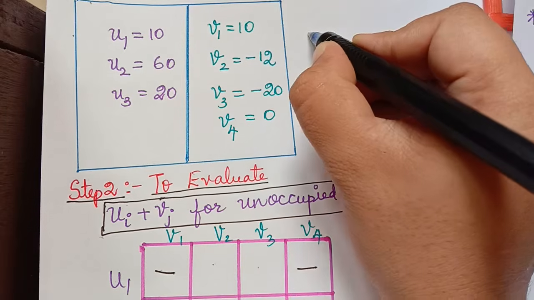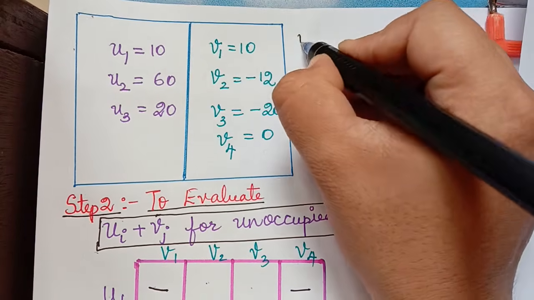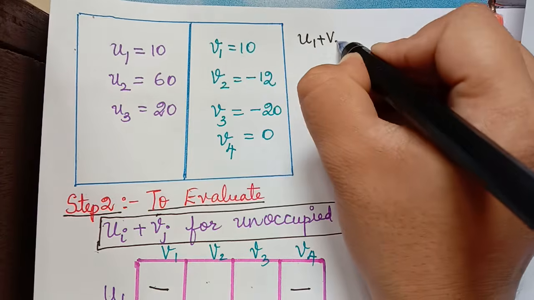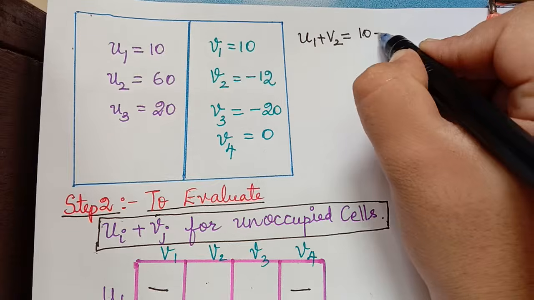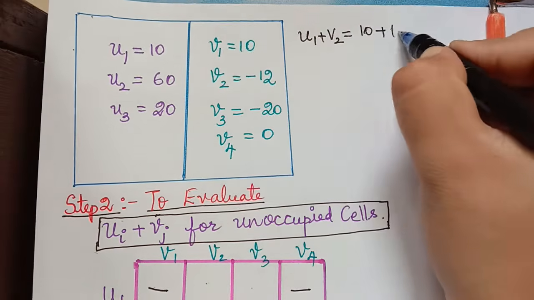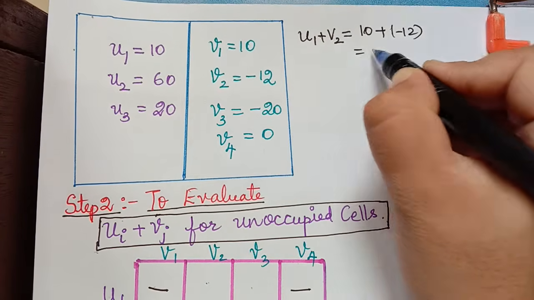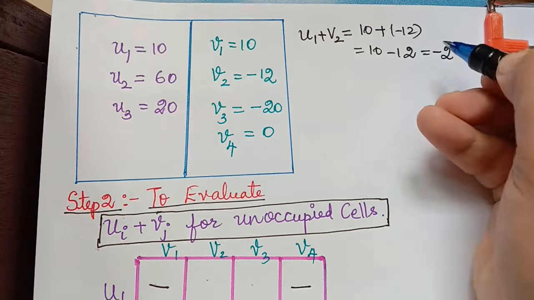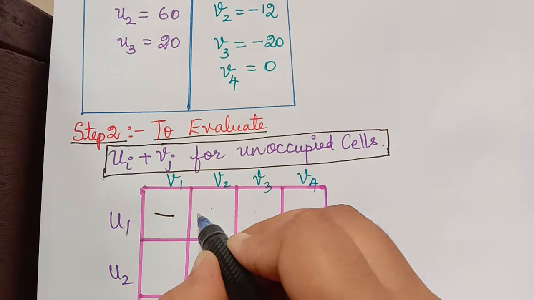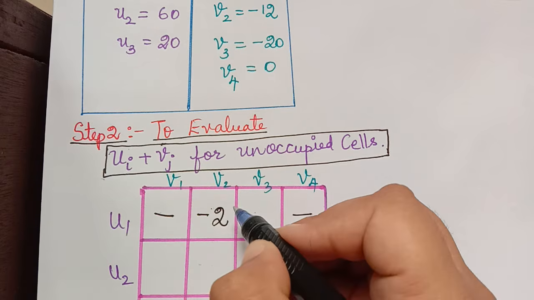So we want u1 plus v2, which will be equal to what? 10 plus v2 is minus 12. That is 10 minus 12, and so that will be equal to minus 2. So in this place we have to write minus 2.